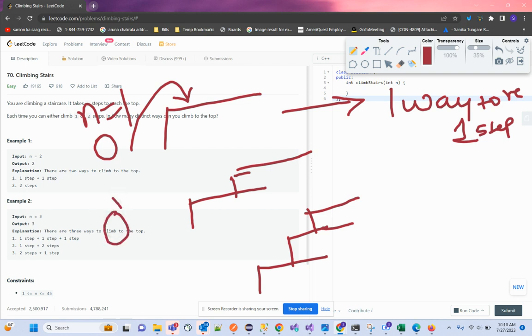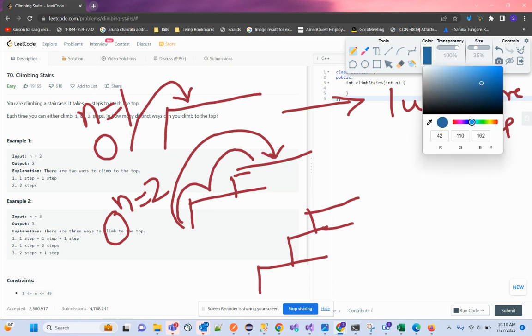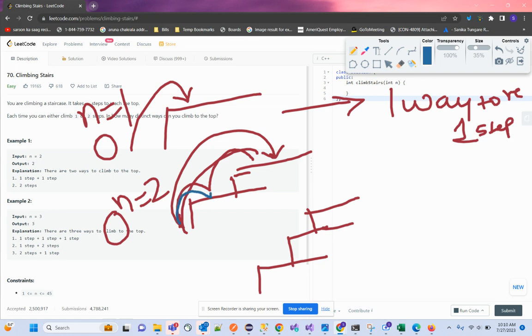Now if the target is equal to 2, that is, you have to go till the second step, then how many ways are there to reach the second step? This is one way, by taking 1 step and then 1 step again, and this is the second way, going directly to the second step.